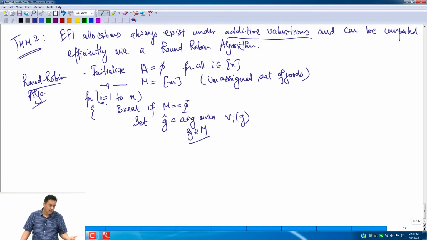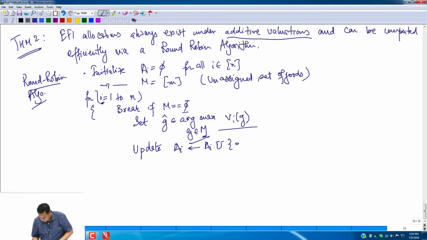When i's turn comes, i looks at the set of unassigned goods M, picks among them the one that it values the most, the one with maximum v_i(g), and gets to select it. You update A_i, just add it.